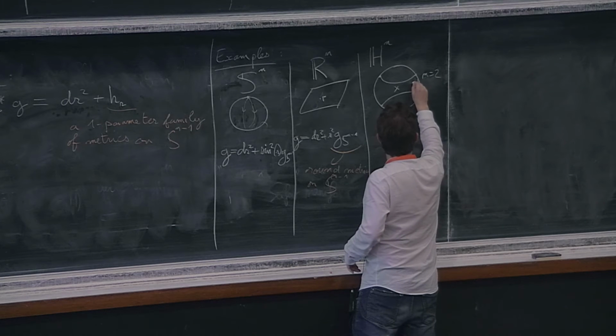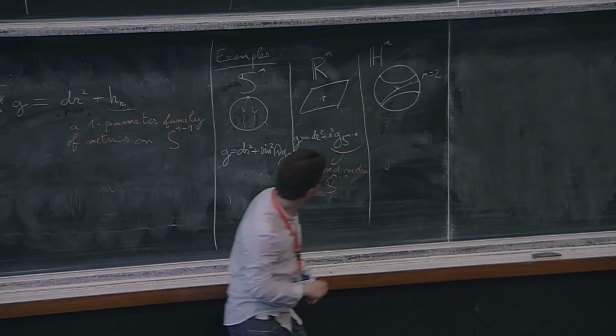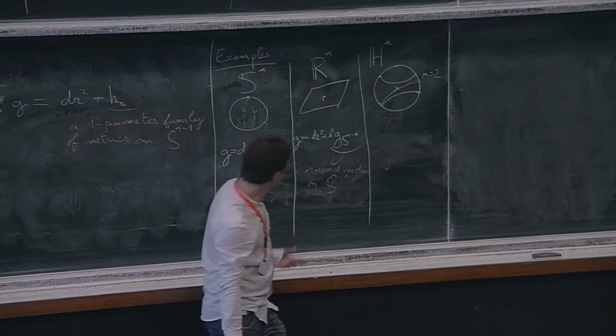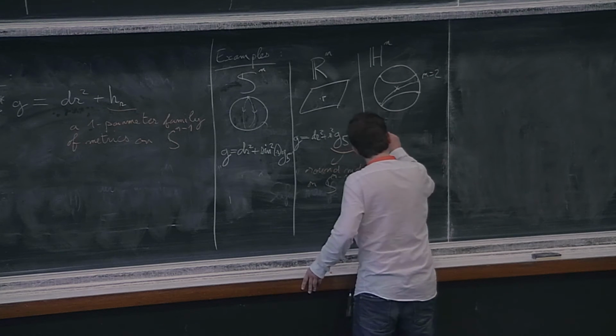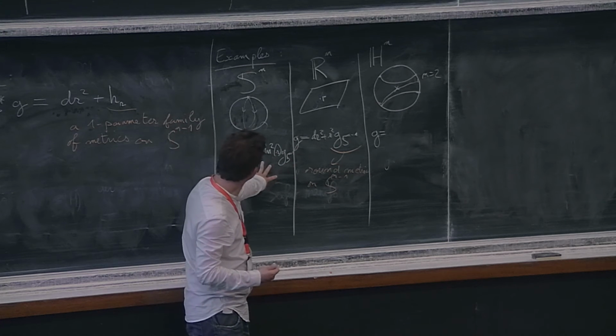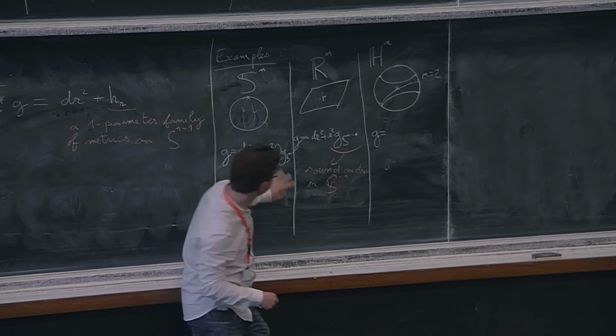And geodesics are circles which are orthogonal to the boundary circle. Okay. But here, from a more computational point of view, I want something which is the opposite of the sine function. That will be the hyperbolic sine.